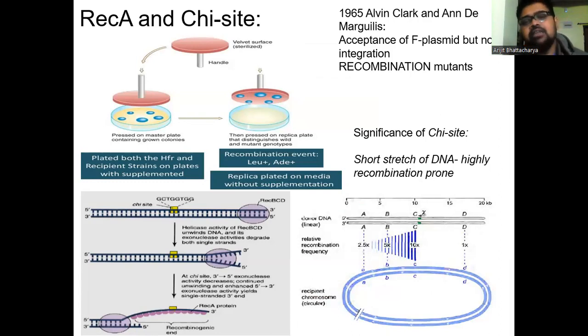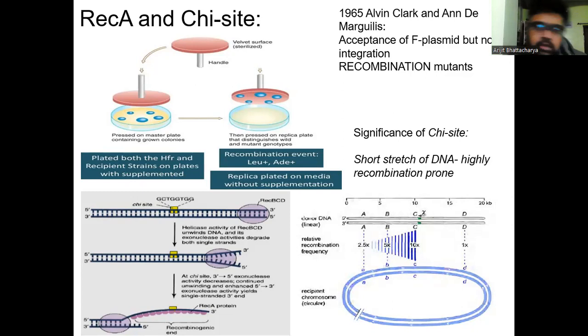Clark and Margulies performed an experiment where they were crossing an Hfr strain with a recipient strain.